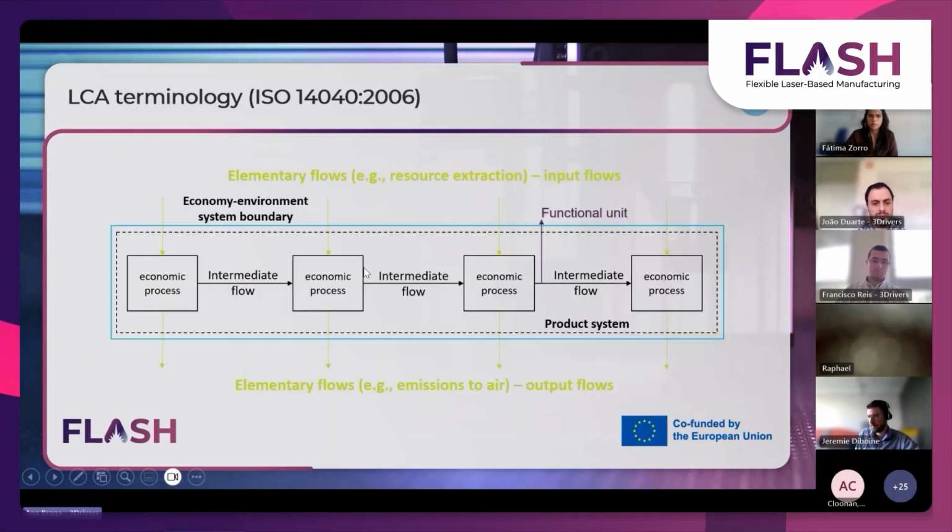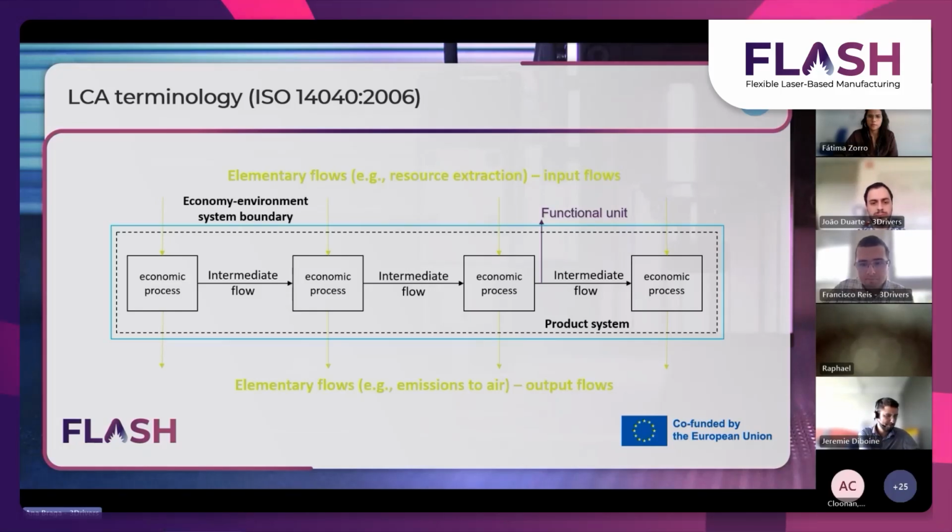This is also just to be aware of the terminology. We have the flows, the input flows and the output flows. Inside the input flows, we can consider all the resources that we need to get from nature or the technological sphere: consumables, chemical reagents, lubricants, and also energy inputs, such as electricity and natural gas.